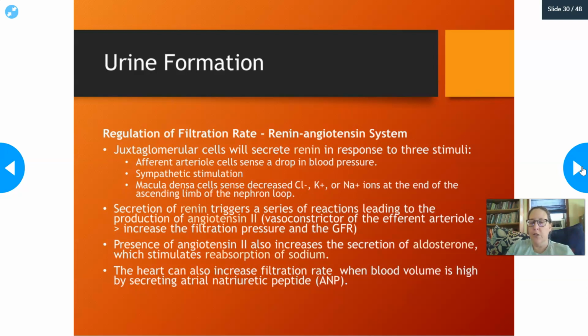The presence of angiotensin II also will increase the secretion of aldosterone from your adrenal glands that sit on top of the kidneys. And aldosterone will stimulate the reabsorption of sodium. Basically, if not enough sodium is dumped in your urine, it means that you need to keep some, and you need to put it back in the blood.